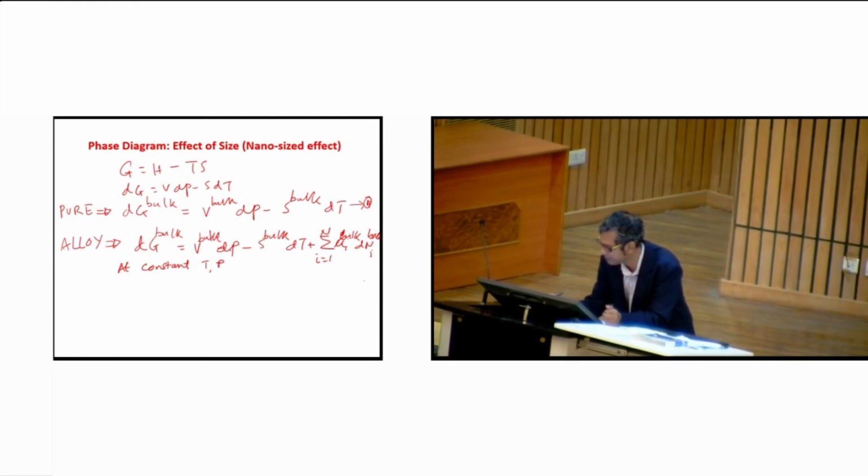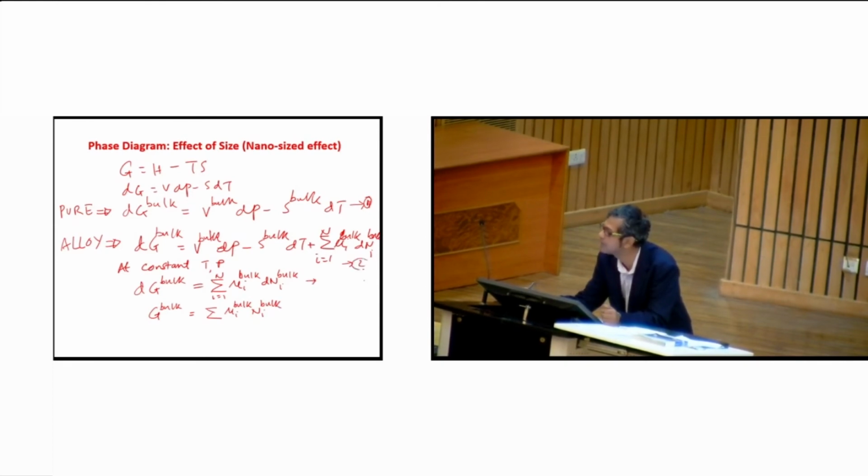what is the meaning of that? dP is 0, dT is 0, because temperature and pressure are constant. So therefore the differentials of those two are 0. So dG bulk becomes only dependent on composition. Correct. So if I integrate that, I get G bulk as the sum of mu i bulk times Ni bulk.